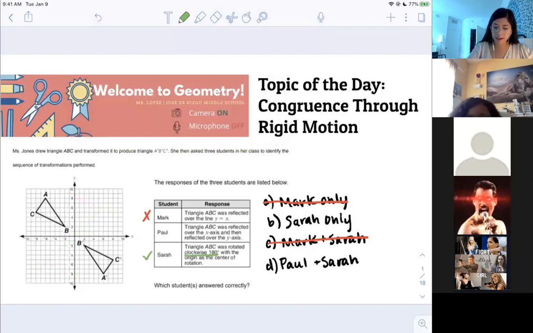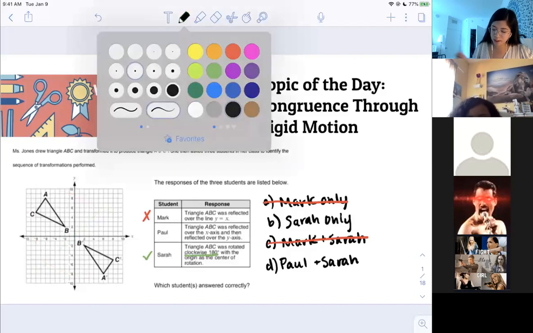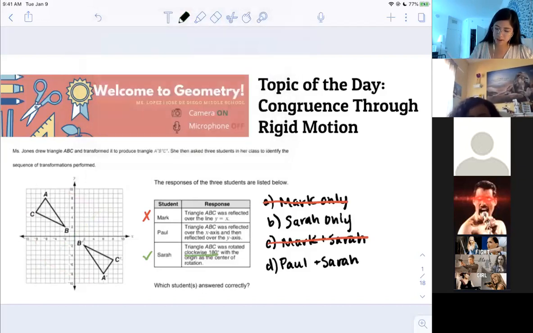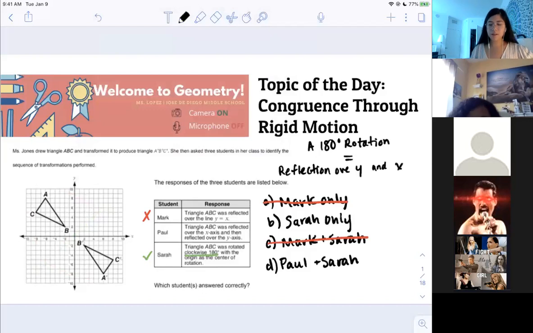Right, they're the same exact thing. So I'll say this one more time because I mentioned it last time. Let me write it up here. A 180-degree rotation is the same thing, so it equals a reflection over y and x. So it could go y first and then x second, or it could go the other way around.